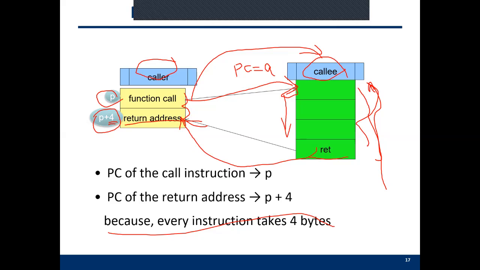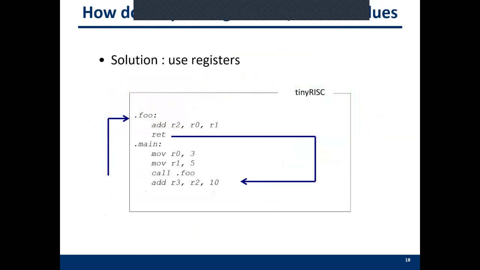It will overwrite the old content in your R1, R2, R3. After you finish this function and go back to your caller function, you will find that your old data are covered by the function you called. You may have errors in that case. So you also need to store the data in those registers before you call the callee function, so that you can recover those values in R1, R2, R3.